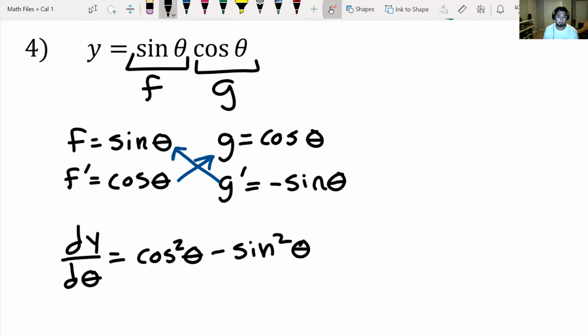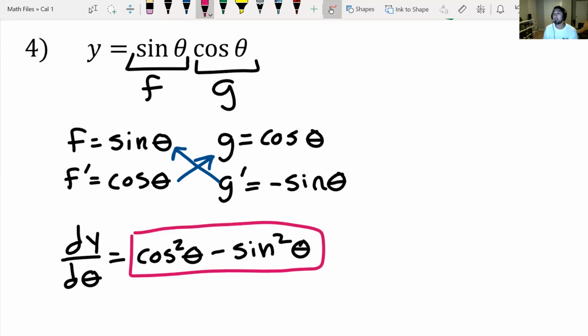Okay. Well, derivative's done, product rule's done, calculus is done. The rest is cleanup. And you're wondering, how can we clean this up? Well, I hope you remember your trig identities. What trig identity does this belong to? And hint, hint, it is a double angle.